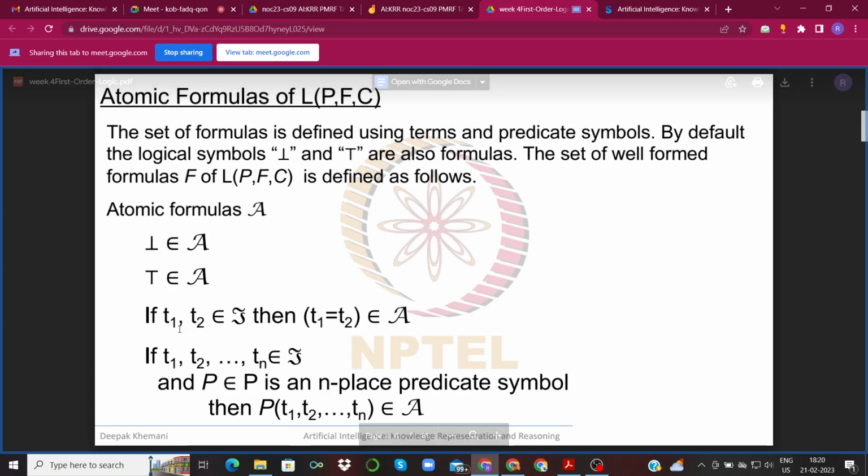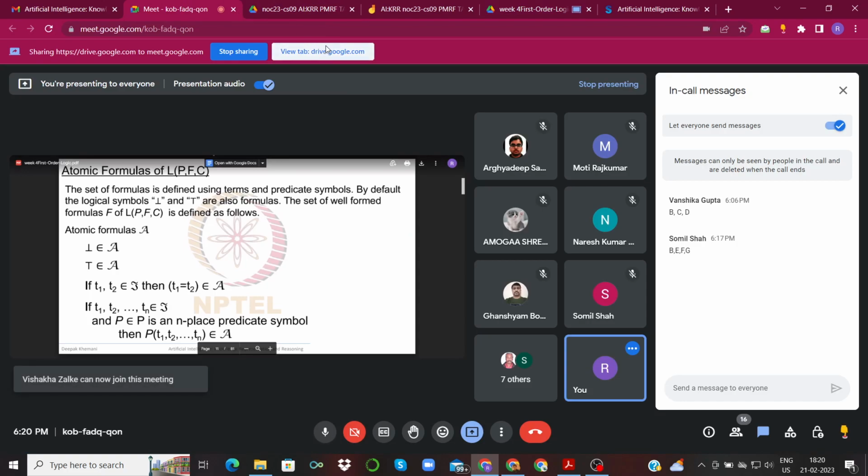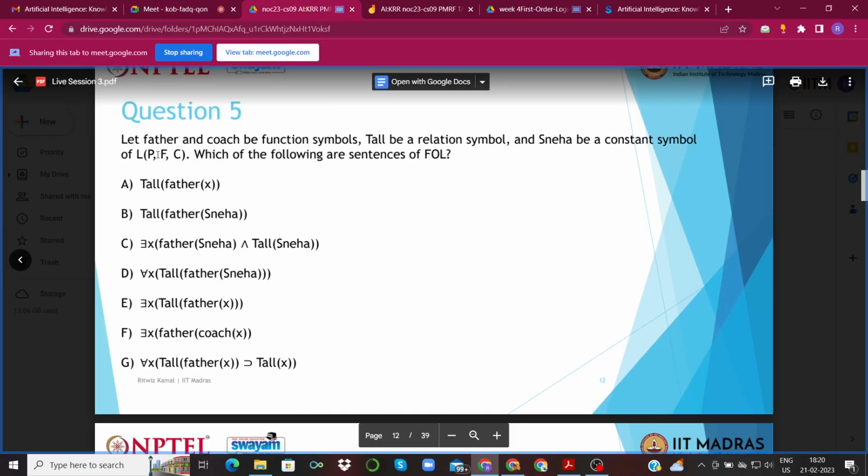If T1 and T2 are two terms, then T1 equals T2 is an atomic formula. And if T1, T2 up to Tn are terms, then a predicate of T1, T2 up to Tn is an atomic formula, not a function of them. Since we are told that father is a function symbol, not a predicate or relation symbol, option C is also incorrect.